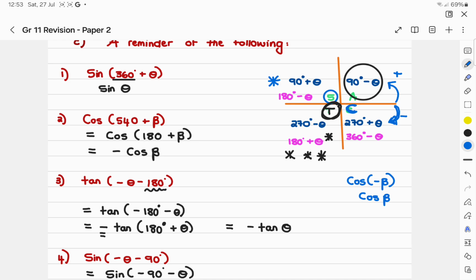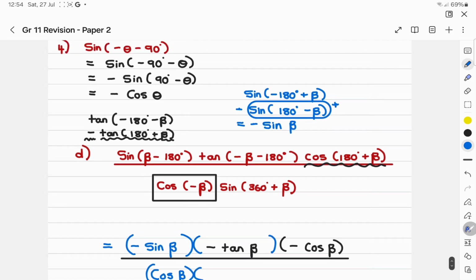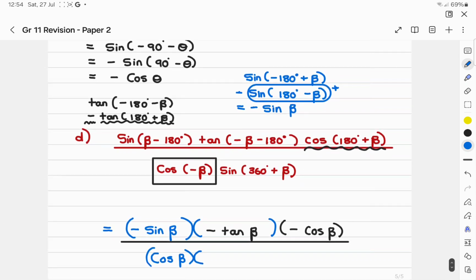So whenever you are faced with a cos of negative beta, please remember that little sneaky bugger becomes a positive cos beta. So at the bottom here, I'm going to say positive cos beta gets multiplied with sine of 360 plus. I can just as well subtract 360. That will leave me with a positive sine beta.